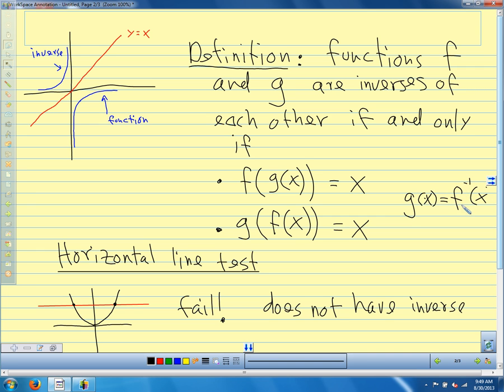The little -1 means inverse. And it's important to remember that f inverse is not the same as 1 over f. We don't just make the reciprocal. So this -1 notation tells us we're talking about an inverse function.